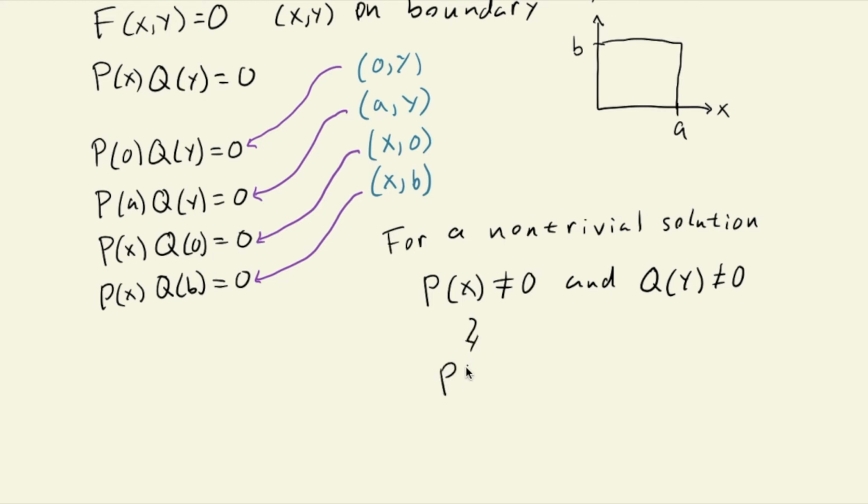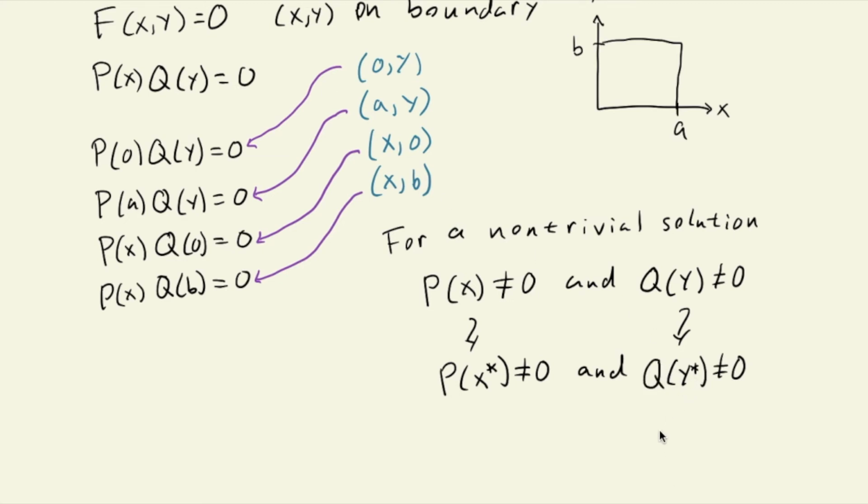which means that there is some value of x, call it x star, such that I know that p is not 0 at that value, and there's some value of y, we'll call it y star, such that I know that q is not 0 at that value, right? And if you use this property in these equations here, for example, p(0) q(y) has to be equal to 0 for all choices of y. In particular, oh my god, I'm so sorry, this should be a q.